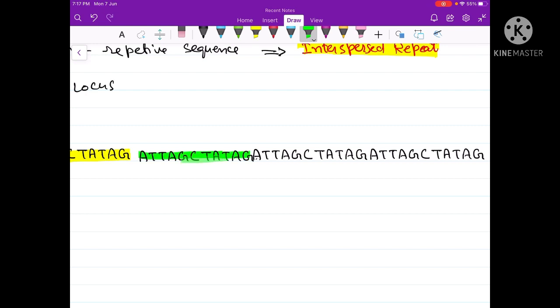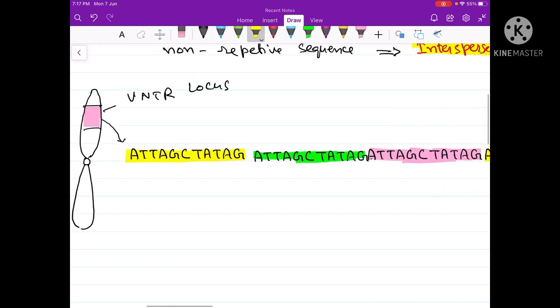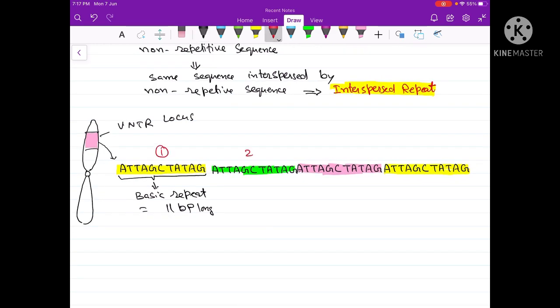This tandem repeat is marked by this highlighter. This is the basic repeat, and as you can see, the basic repeat is 11 base pairs long. It is repeated in one individual some 4 times. There are 4 copies of this basic repeat.